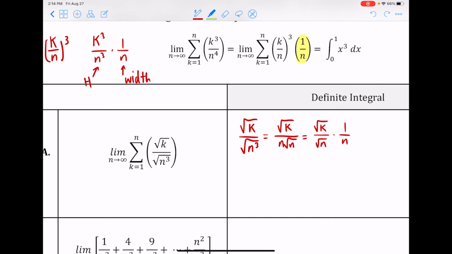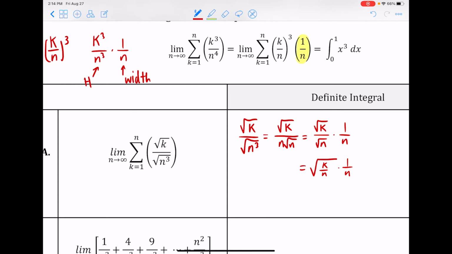So now I'm here. I can work with that. That, to me, looks like the square root of k over n times 1 over n. So what we want here is the square root of k over n.